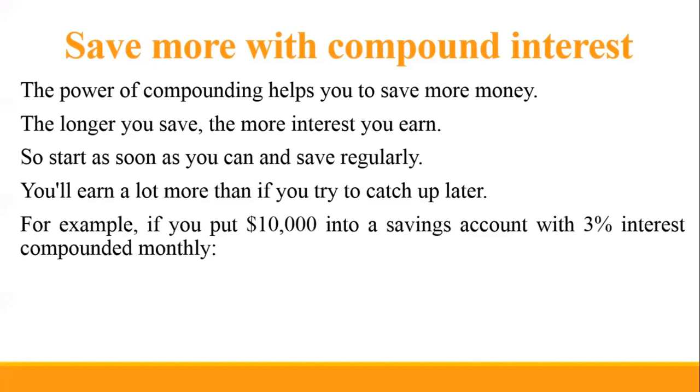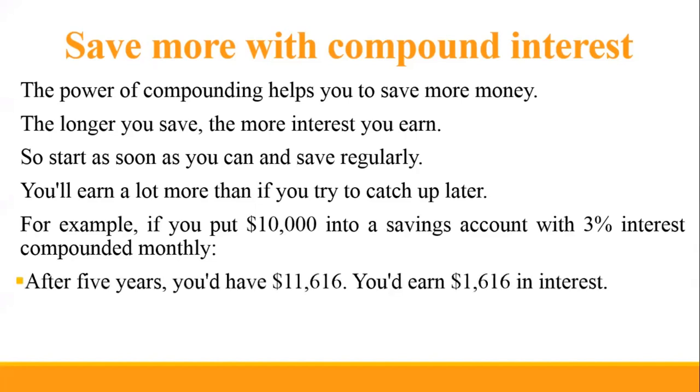If you put $10,000 into a savings account with 3% interest compounded monthly, so ano yung mga maiipon mo dyan? After 5 years, you'd have $11,616. So magkano yung na-earn mo? $1,616 in interest.